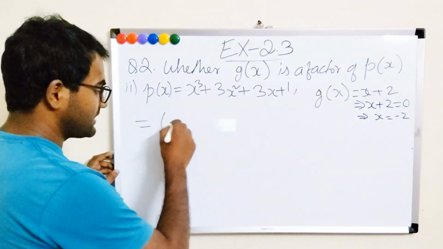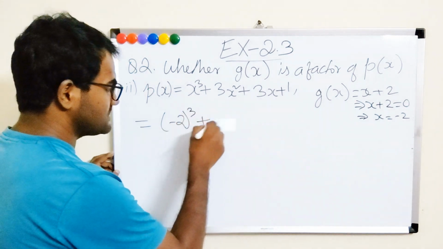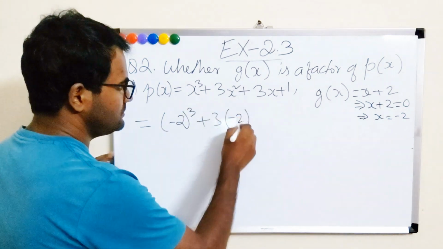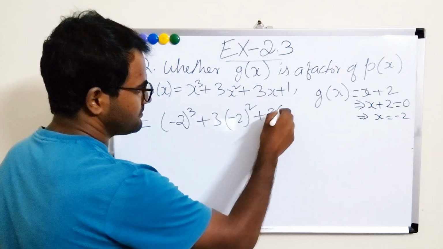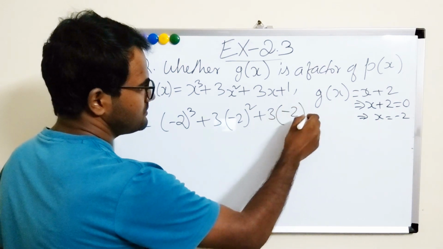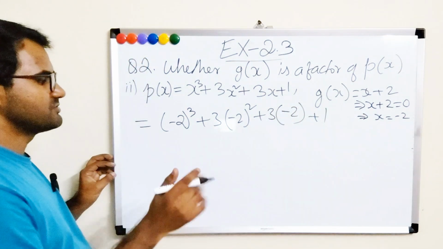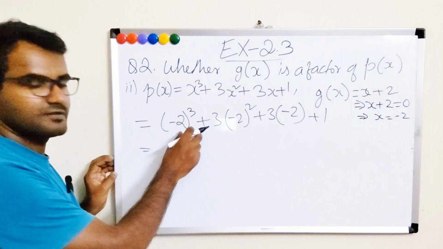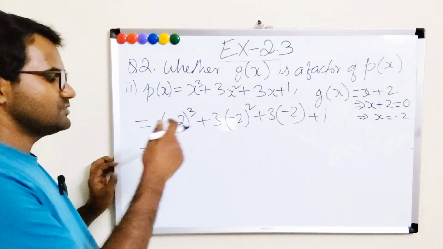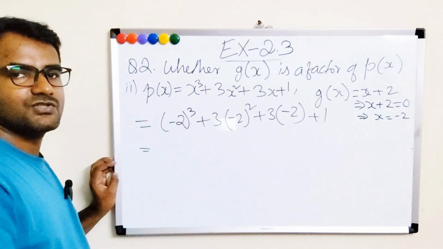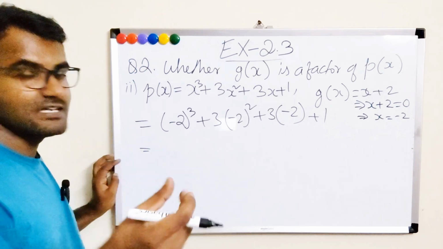So x cube means minus 2 cube plus 3 minus 2 square plus 3 minus 2 plus 1. All right, this much you understood. Now this one, minus 2 into minus 2 into minus 2, you get what? You get minus 8, right?